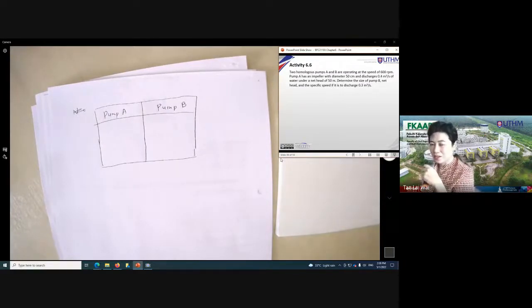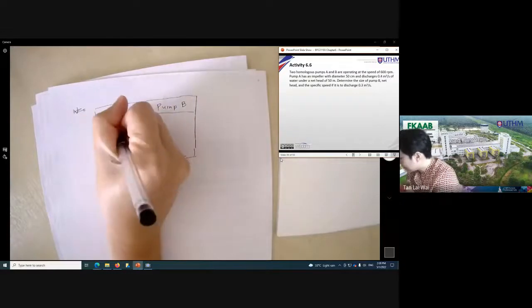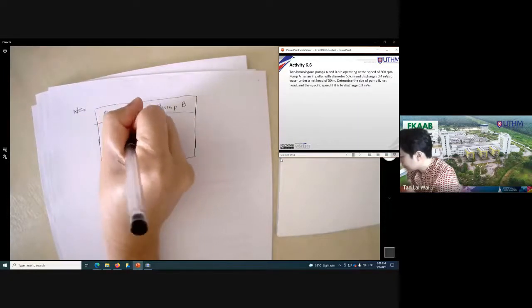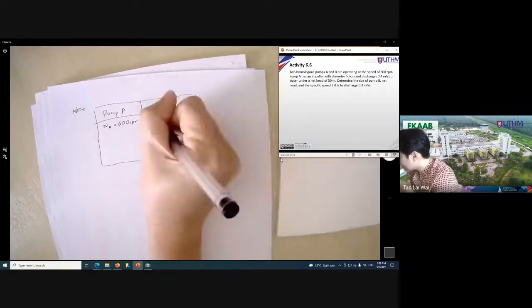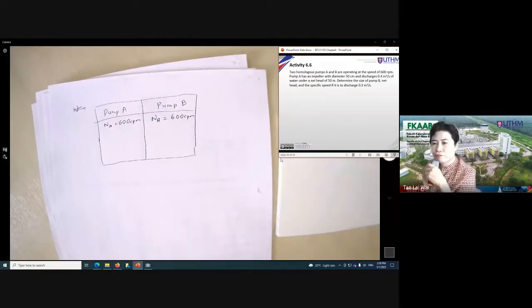Let's look at what the given variables are. A and B are operating, so I have the speed. What else? Pump A has an impeller with diameter 500 centimeter, and then discharge 0.4, head of 50.